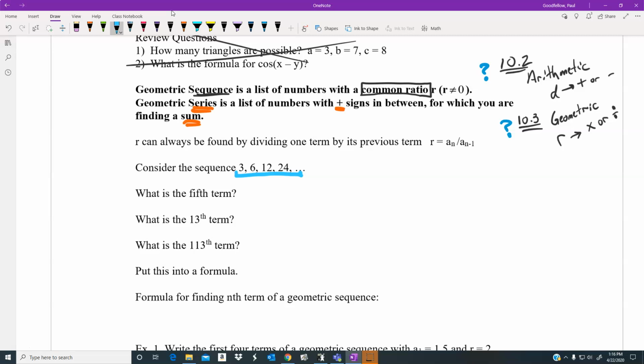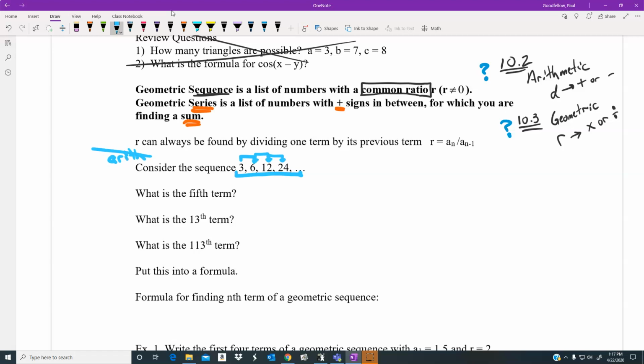If I was looking at this the first time, it'd be like, oh, it goes up by 3, and then it goes up by 6, and then it goes up by 12. Well, those differences don't make any sense when it comes to arithmetic. So you'd say, okay, it's not arithmetic in any way, shape, or form.